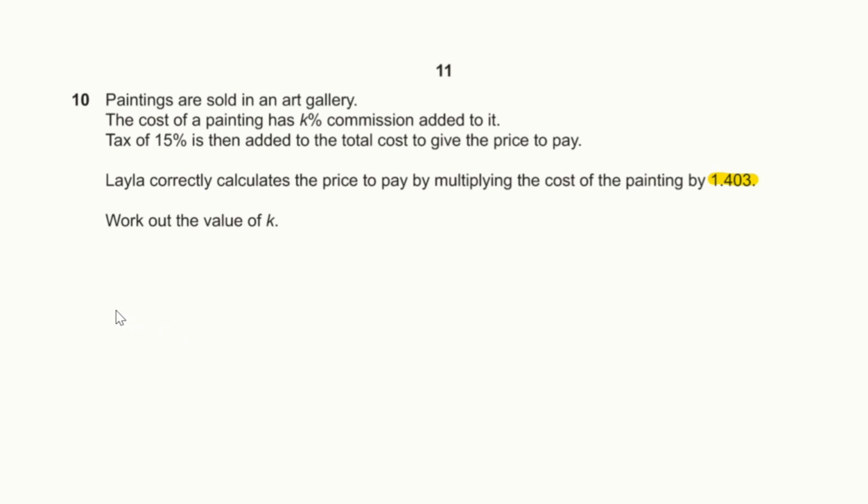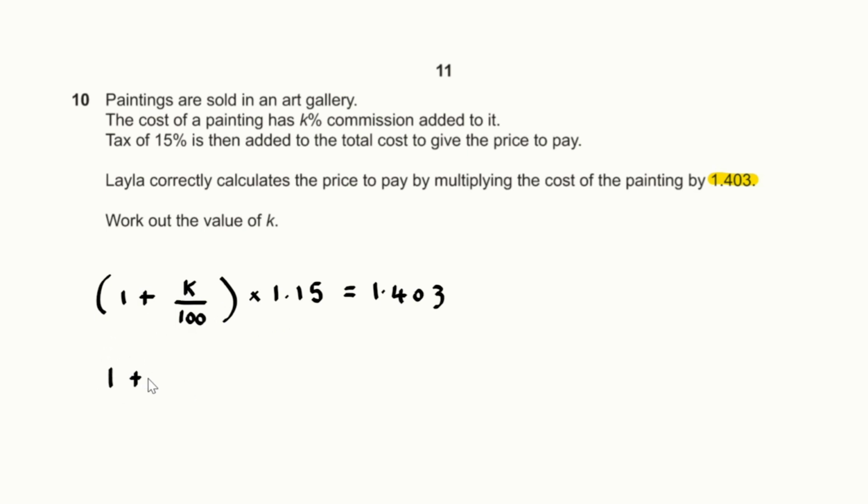So we have 1 plus K over 100 multiplied by 1.15. That's equal to 1.403. We've got the commission and we've also got the tax. So we need to find out what K is.